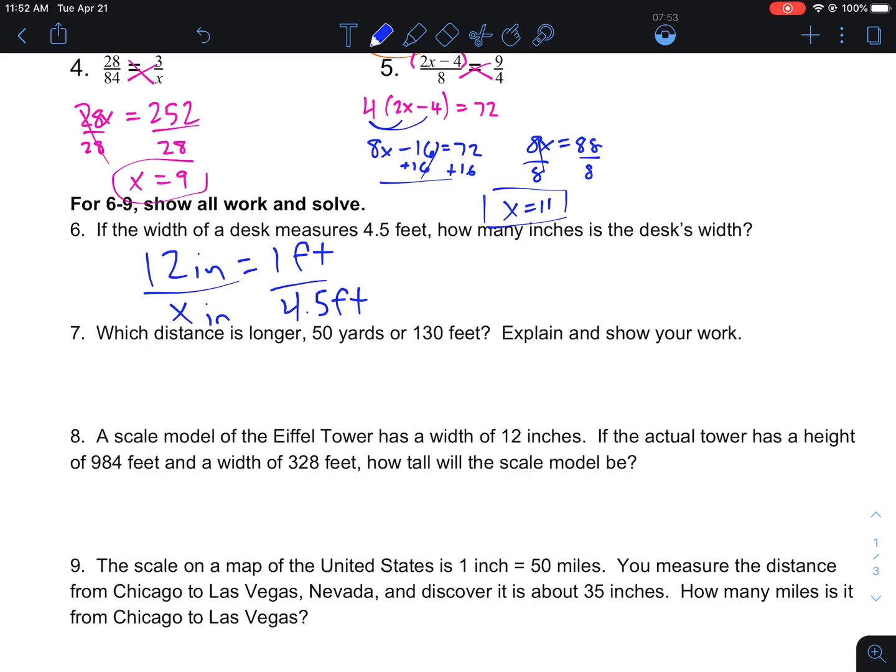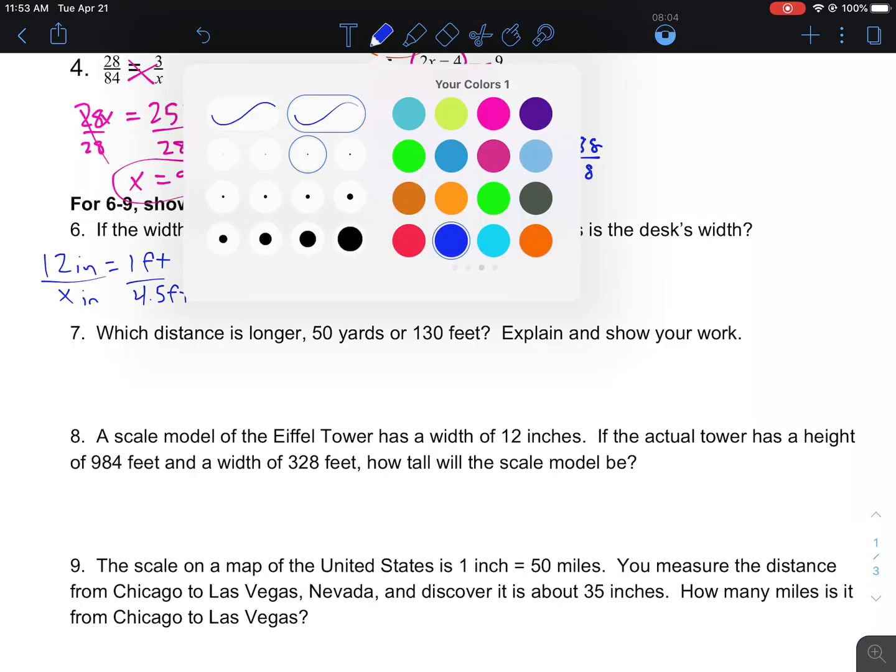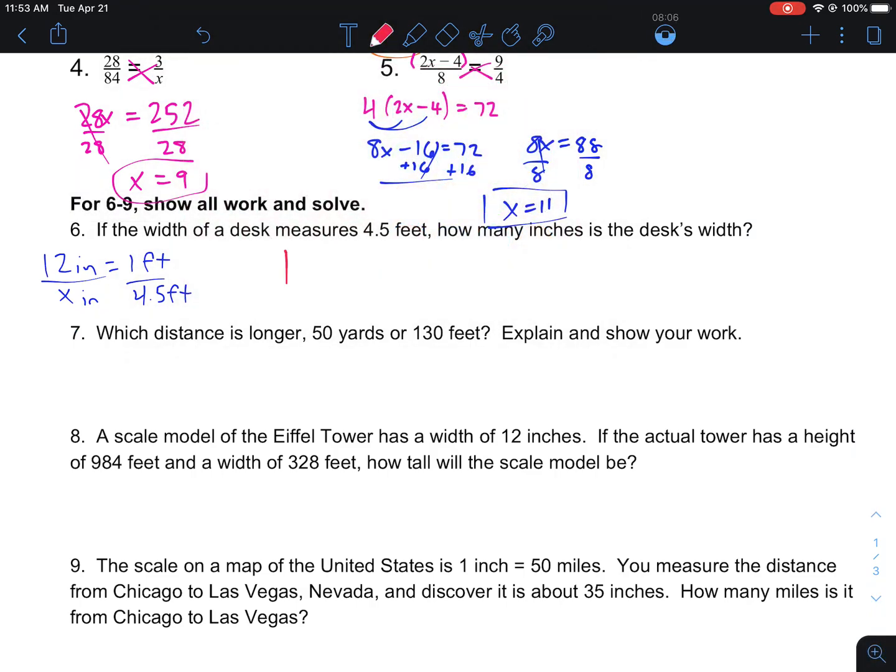Now, the other thing you could do here, if you want to think of this as scale factor, is, let me just move this out of the way. There's nothing wrong with that. The scale in this problem is for every 1 foot, there are 12 inches. So if you have 4.5 feet, the scale is you should always add 12 inches for every 1 foot.